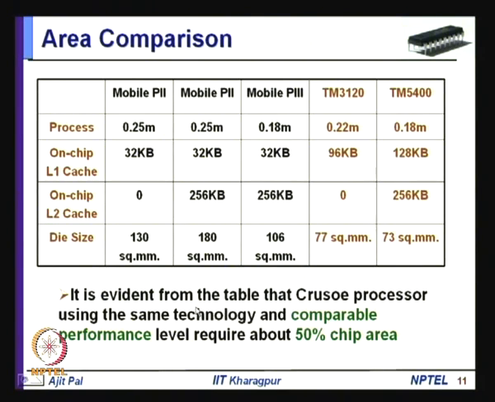So, it is evident from the table that Crusoe processors using the same technology, 0.18 micron, with comparable performance level require about 50% chip area. So, chip area is much smaller. That means, with the same comparable performance the chip area requirement is 50%.